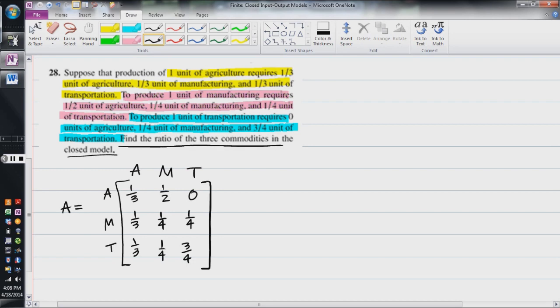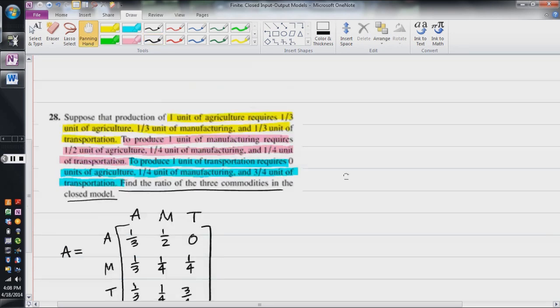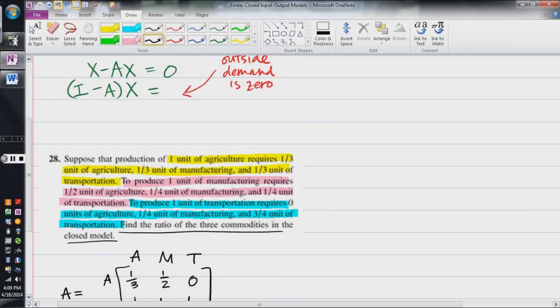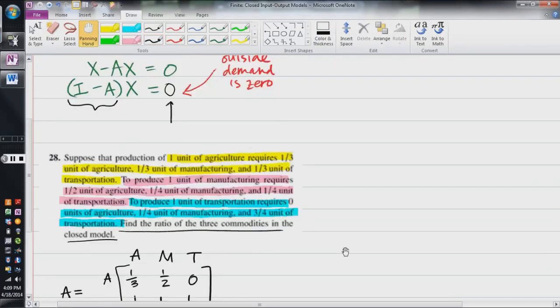So, let's take another peek back at this equation here. Since my outside demand is 0, I have the identity matrix minus the matrix A times matrix X. We're just going to write this out, and I'll do it over here.